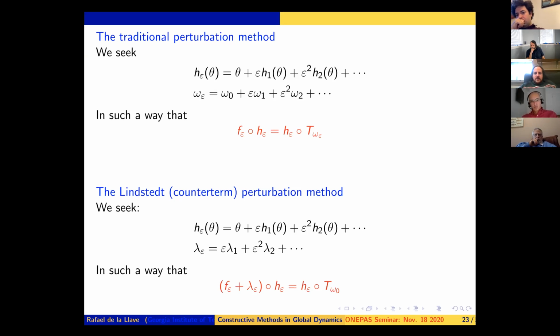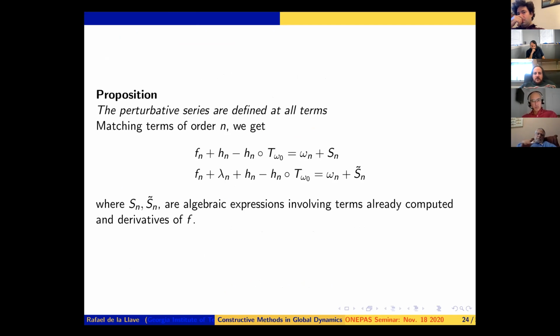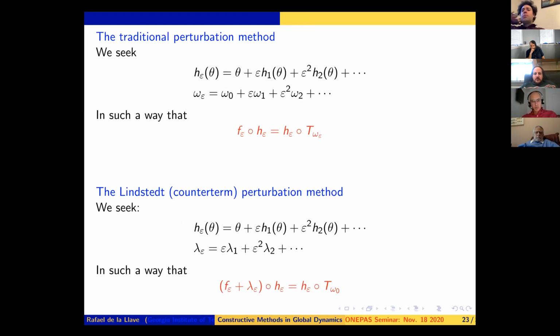For example, if you are designing a radio or an antenna, you want to keep the frequency fixed even if the nonlinearity comes in, and then you need to modify the design a little bit. There is a small proposition that in both cases you can get the perturbative expansions defined to all orders.